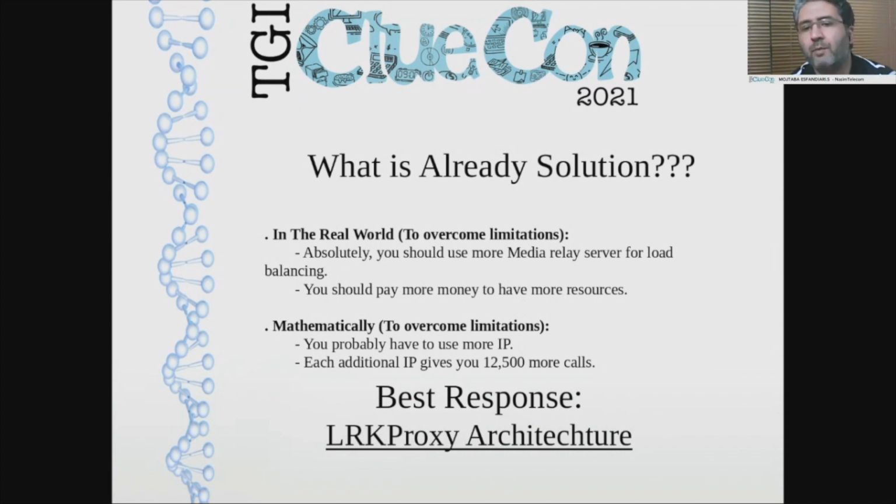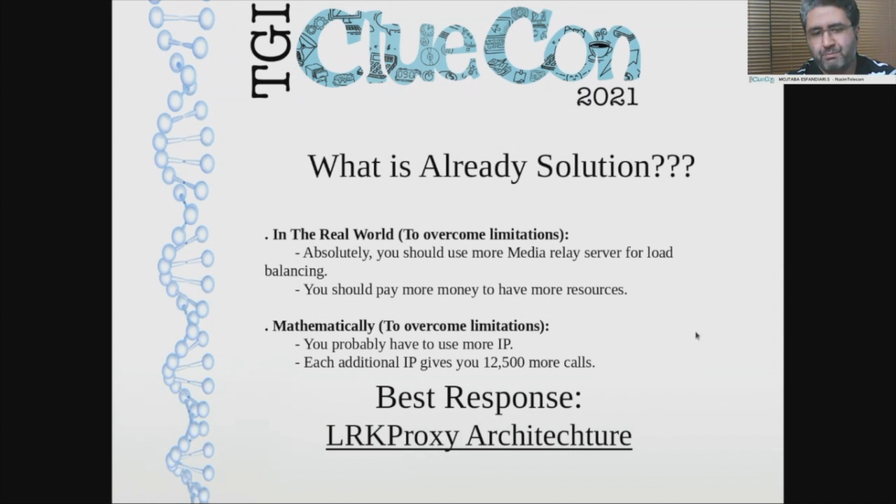Mathematically, to overcome the limitation of the restricted range of ports, you probably have to use more IPs, and each additional IP gives you 20,500 more calls, because when you use one IP, you can use the whole range of ports again.